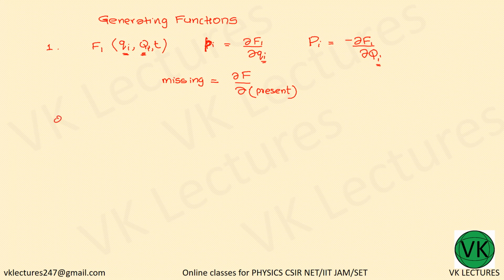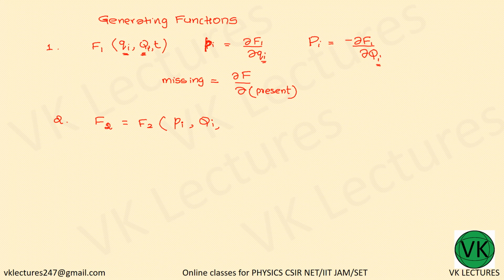Now the second one, f2, which is a function of f2 of small pi, then capital Qi. The first term we represent the initial coordinate system, the other is the final coordinate system.